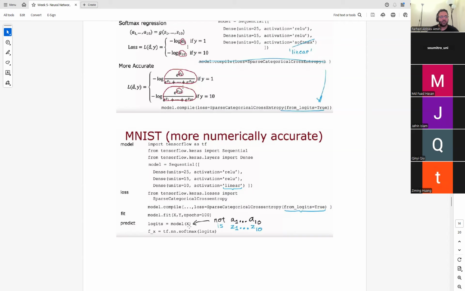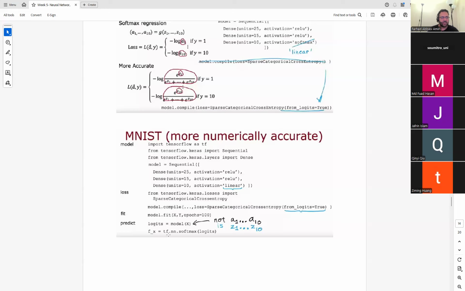And this is not A1 to A10. This is not the output of the neural network. This is not supposed to be the output of the neural network because here we changed the softmax to linear. We want to get back to softmax again, right? So after we got the model of X, the training set, we get the logits.